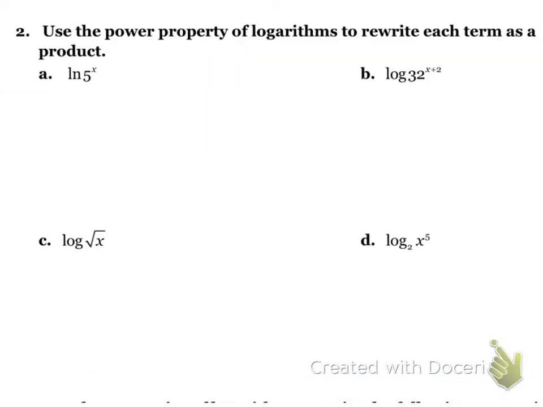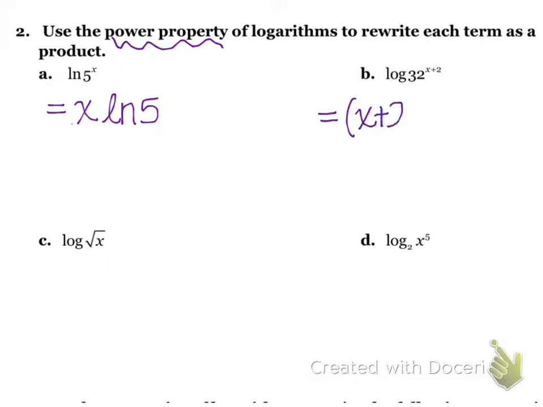Okay, the second part is just using the power property so that we can rewrite each term as a product. Instead of having an exponent, we're going to bring it down in front, which in the end is multiplying. So we write x times ln of 5. Over here we have x plus 2 times log of 32.